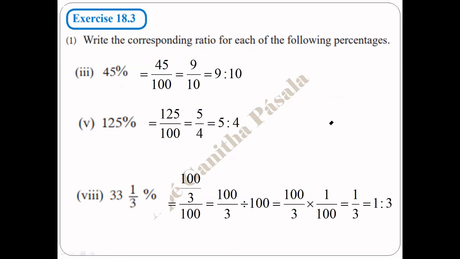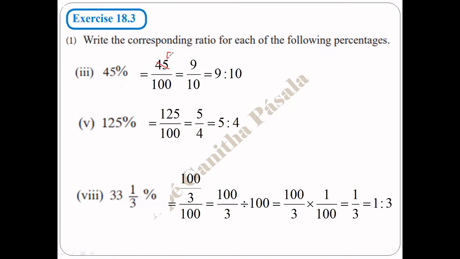Now let's see these exercise problems. Write the corresponding ratio for the following percentages. Percentage is given. Can you remember in the previous exercise we wrote a percentage as a fraction by writing the denominator as 100. So denominator 100, numerator is 45 here. 45 over 100. Now simplify this fraction.